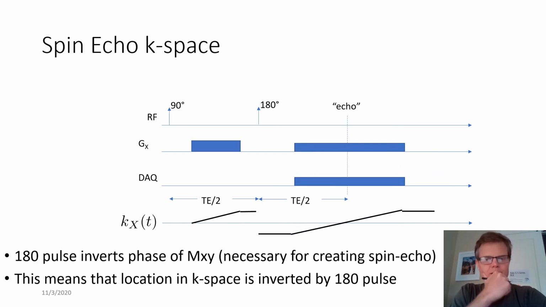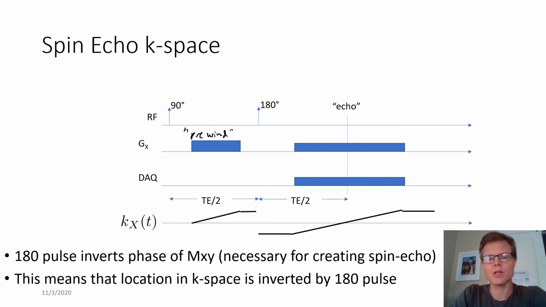But as we showed before, you can get a gradient echo by reversing the polarity of that initial pre-winder gradient. That's sometimes what this is referred to here as the pre-winder.